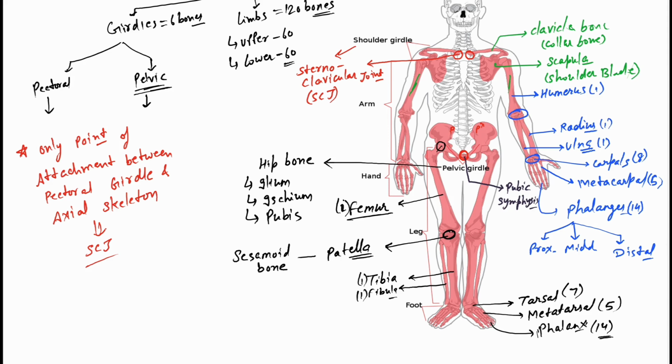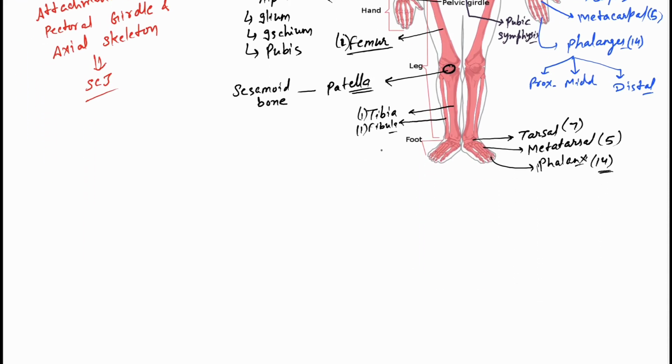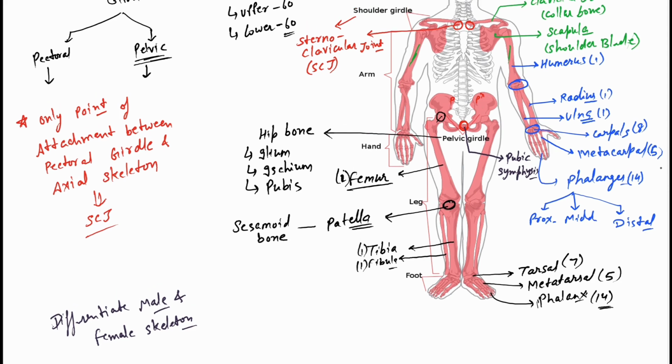Okay, if you have two skeletons, the male and the female, how can we differentiate the male and female skeleton? We can differentiate them with the help of the pelvic region.